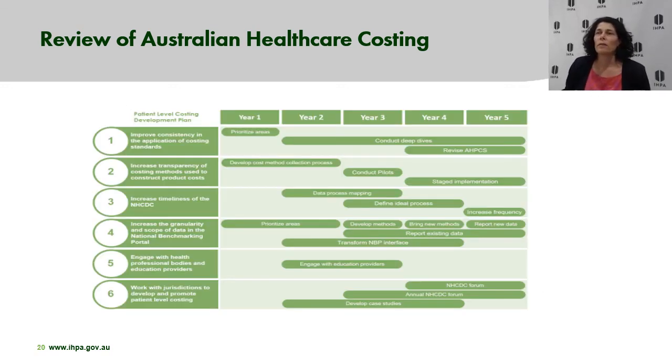And this is a figure from the report which we received from the UTS. It's available on our website, and it's a 5-year program of options of how we might implement some of those recommendations. IHPA has plans to talk to our stakeholders and our committee members to agree on an approach to implementing this.